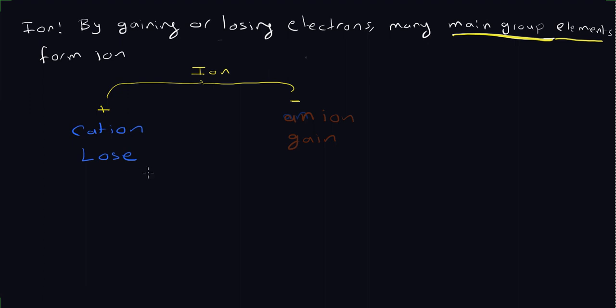So as I mentioned, main group elements can form ions. I'm going to give you a simple example, like sodium. When it loses an electron it becomes sodium +1. So you will say sodium cation or sodium ion. You use the original name of the element. But for an anion, for example, you will say chloride.